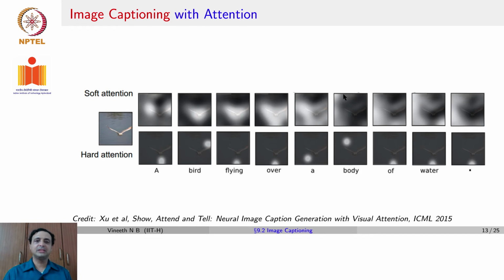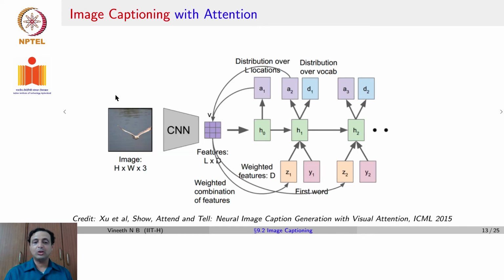As we said in the previous lecture, there are two ways of going about this attention model: soft attention and hard attention. In soft attention, the weight vector A1 is a softmax vector, and you use that as weights to multiply each of these grid locations in the feature map.